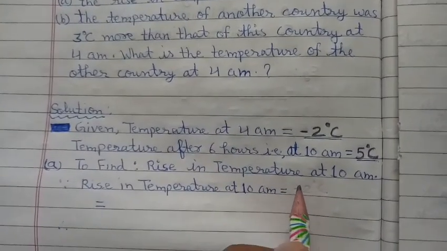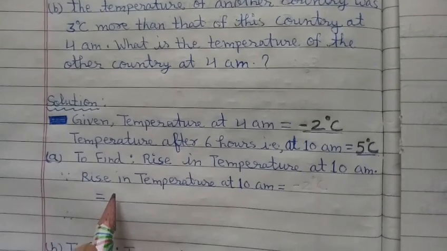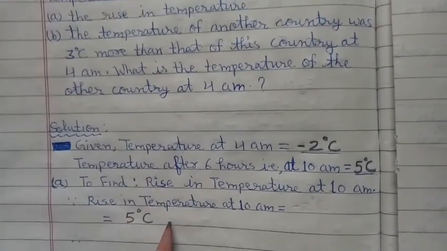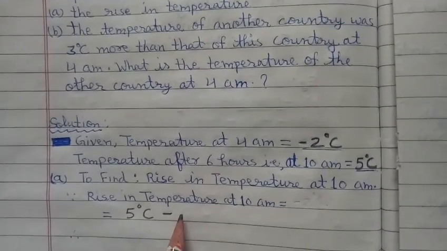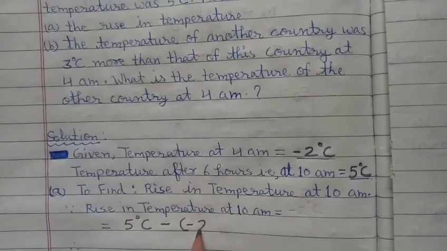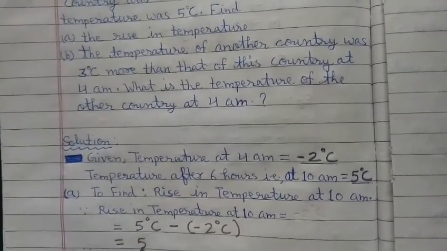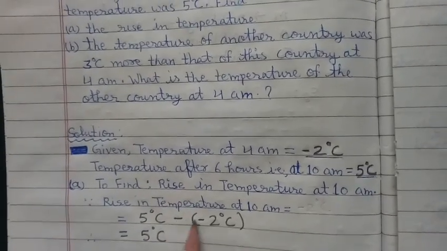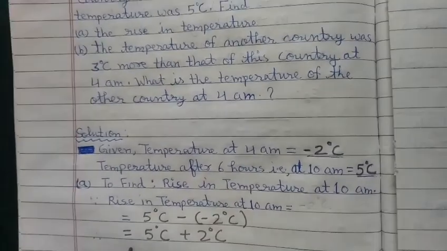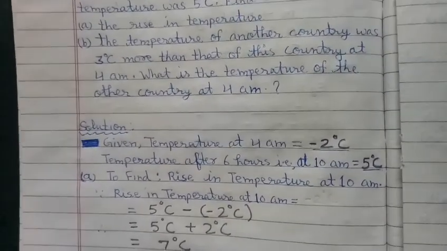So the rise in temperature is the final temperature minus the initial temperature. The final temperature at 10 a.m. is 5 degrees Celsius minus the initial temperature at 4 a.m., minus -2 degrees Celsius. So 5 degrees Celsius plus 2 degrees Celsius is 7 degrees Celsius.